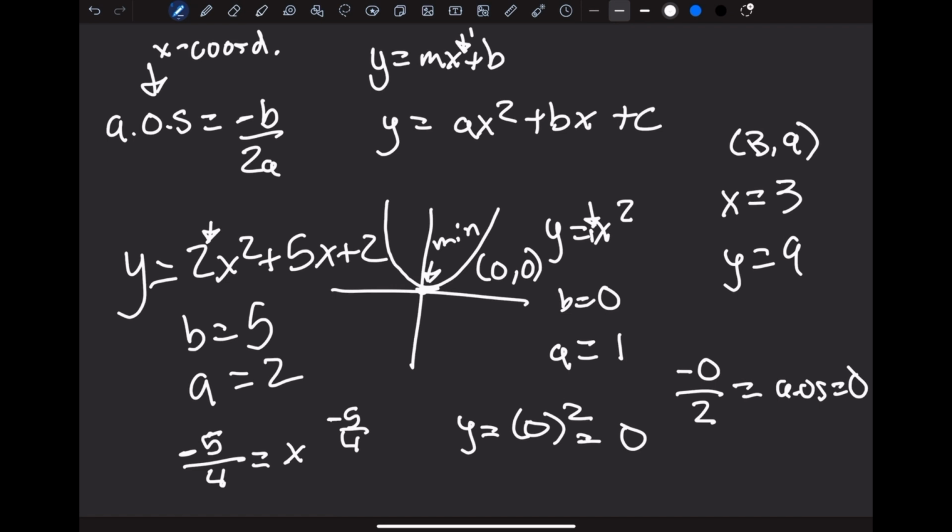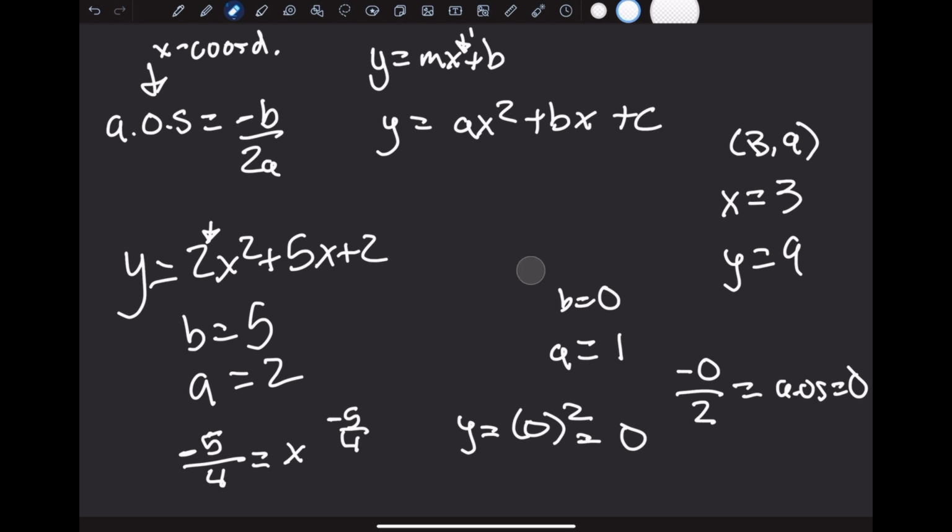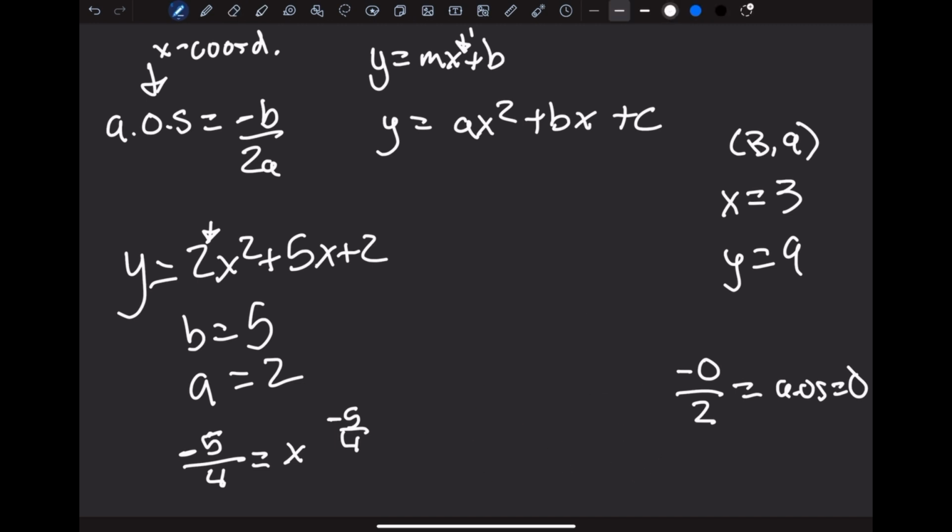Now we need to put in negative 5 over 4 for each of the terms that has an x. So let's make a little room. We'll have 2 times negative 5 over 4 squared plus 5 times negative 5 over 4 plus 2.